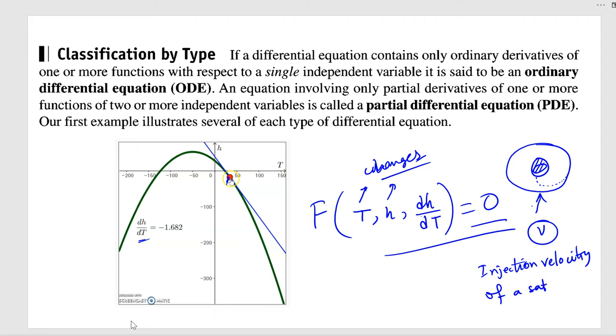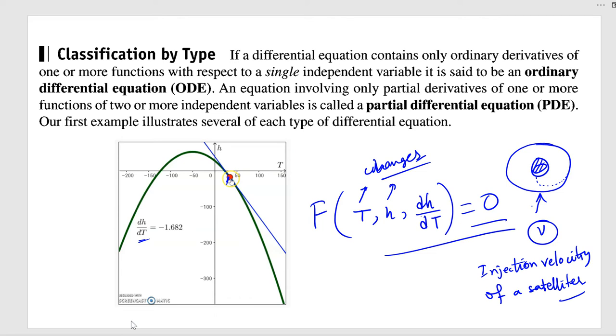In fact, this is a rough idea, although satellite injection is a very complicated problem. But roughly speaking, they also use the concept of ordinary differential equation, or in other words, differential equation, because there will be many independent variables and many dependent variables.